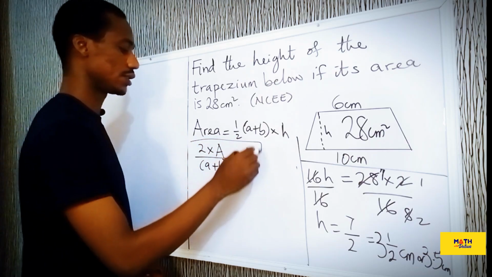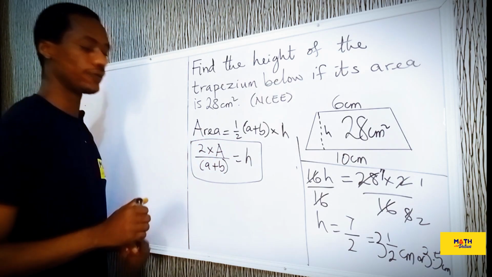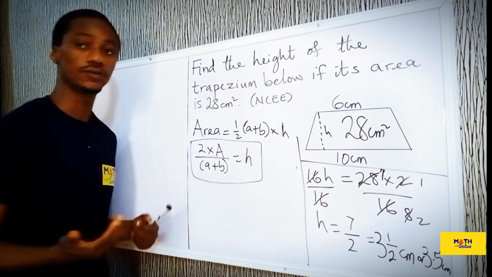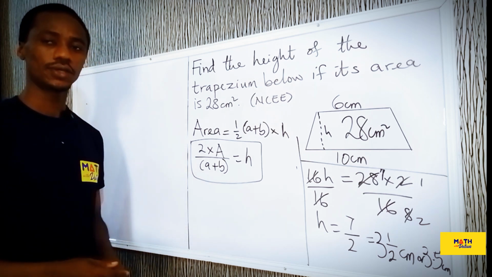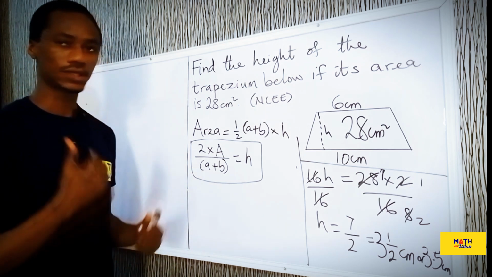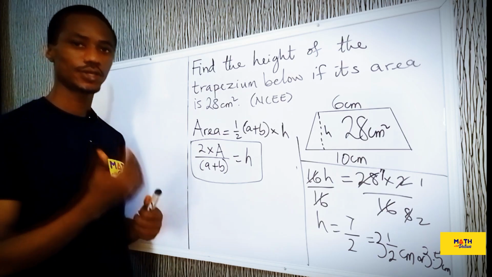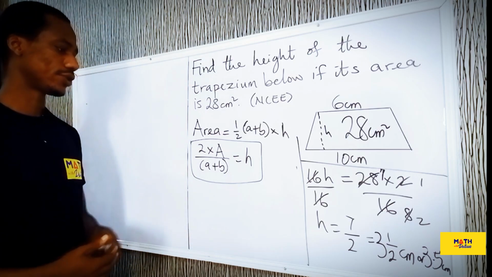So you can master this formula if you are not familiar with your algebraic processes yet. But I encourage you to start getting yourself familiar with algebraic processes and procedures.